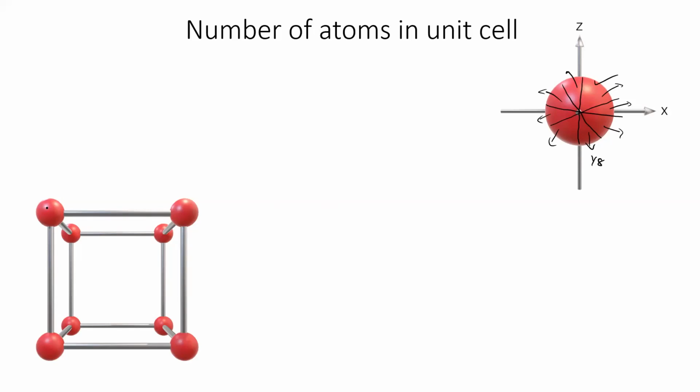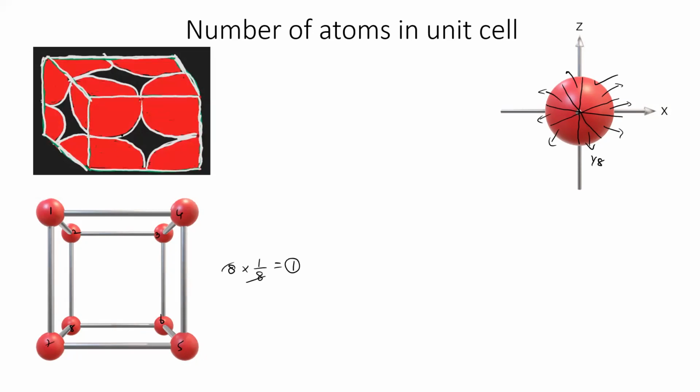So now we have how many spheres? Here we have 1, 2, 3, 4, 5, 6, 7, 8. So 8 spheres are there. 1 sphere contribution for a particular unit cell is 1/8. So totally 1 atom. Is that clear? So 1 atom per unit cell.